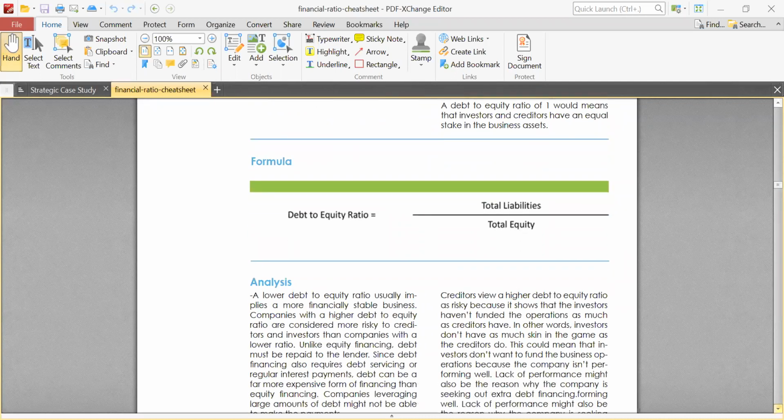So if we have a lower debt to equity ratio, what does it mean? It simply means that this is a business that is stable, that we can work with.